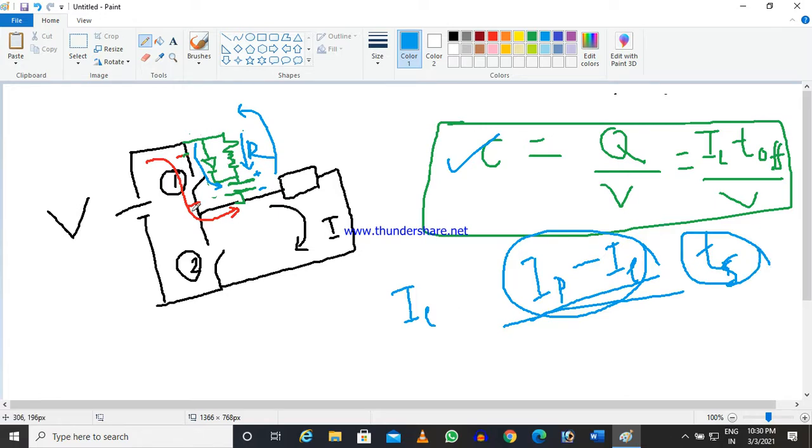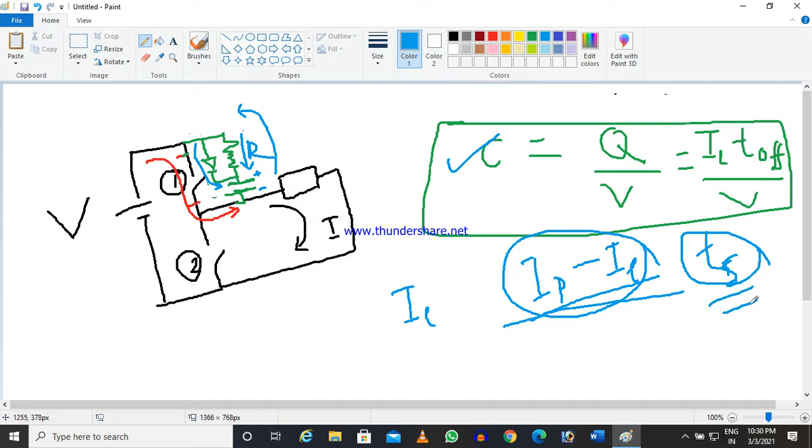Now you know it's a very simple RC circuit. So now you can write the KVL. KVL means there is an initial voltage of the capacitor, and through this path it will be discharged within the time Ts.